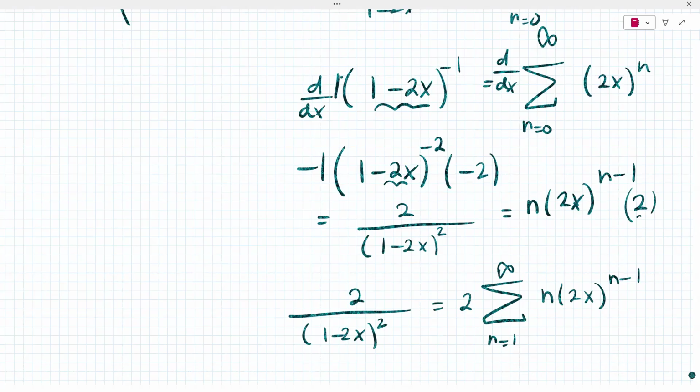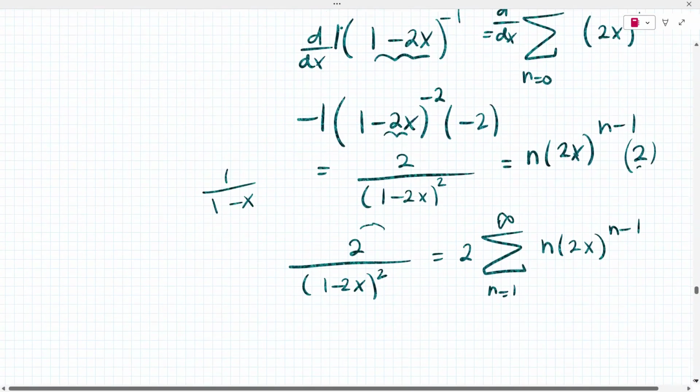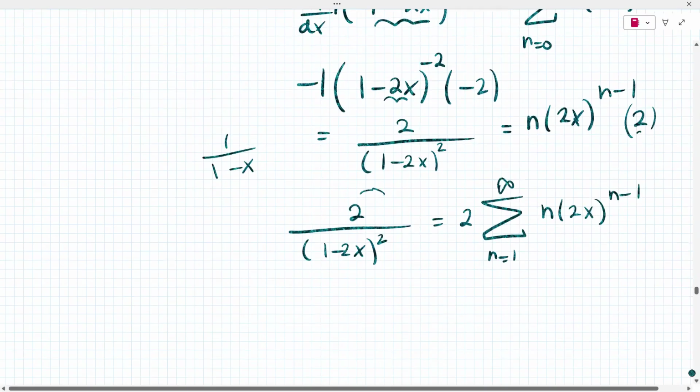Okay. What I do next is let's look at the left side. We still want this right here to somehow make it into 1 over 1 minus x, right? That's our goal. So what can we do? Well, we can get rid of that 2 on top right here. To get rid of that 2, you're going to factor out a 2.